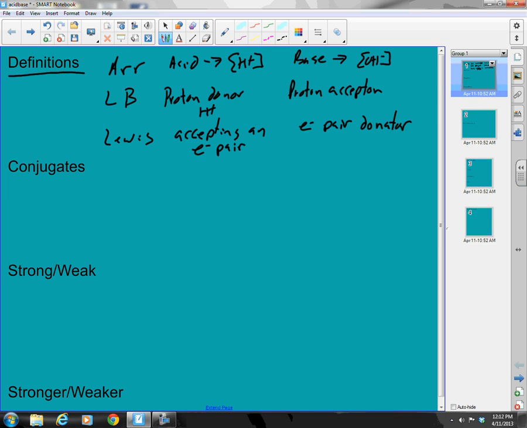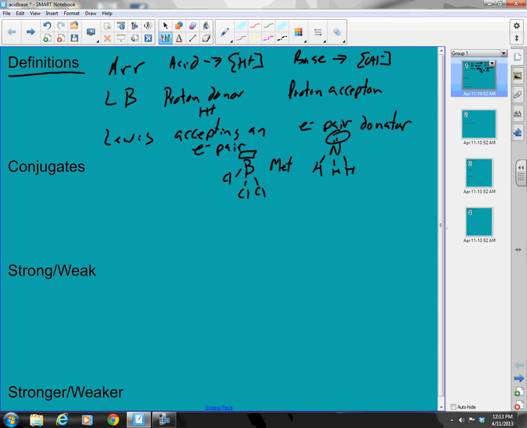And so a typical Lewis base is something like ammonia, because it has an unshared pair that, when it forms a compound, it can donate. It's not really donating, it's not transferring.